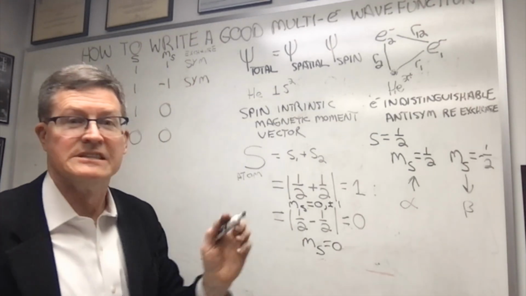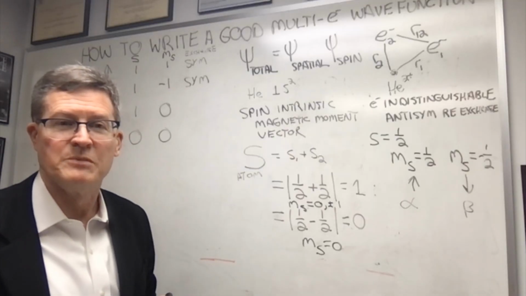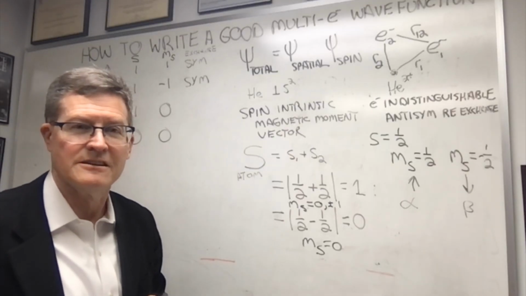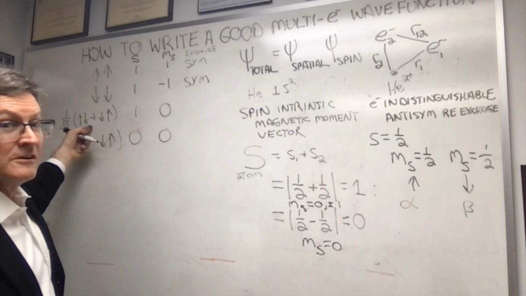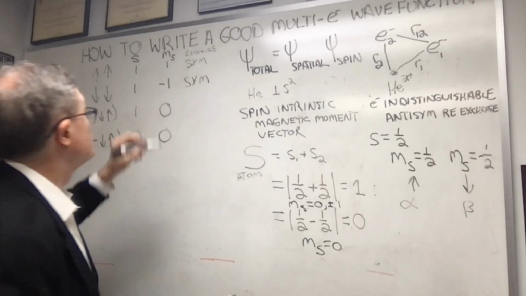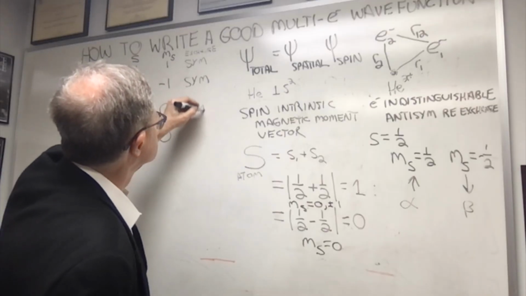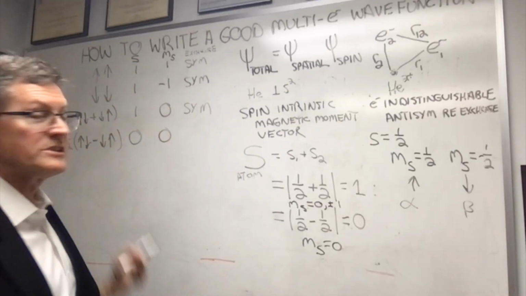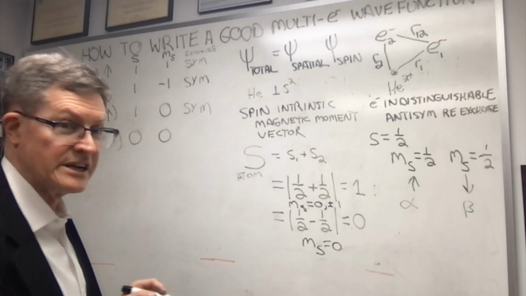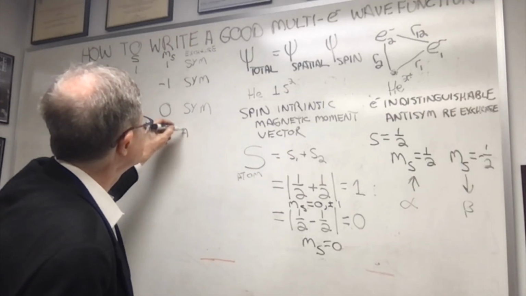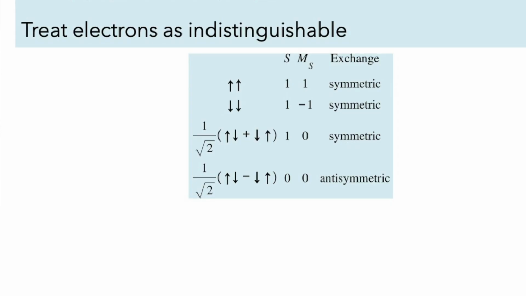That combination of spin wave functions does not change sign if we exchange the two. Over here, with the plus sign, the order of operations is not important for plus, so again this would be symmetric. But here, if we exchange 1 and 2, we will change sign. So this is antisymmetric with respect to exchange.